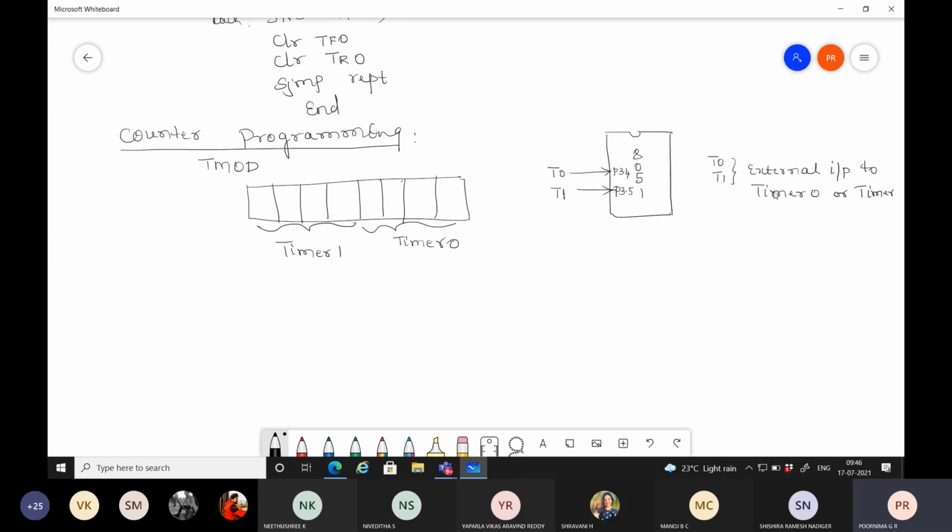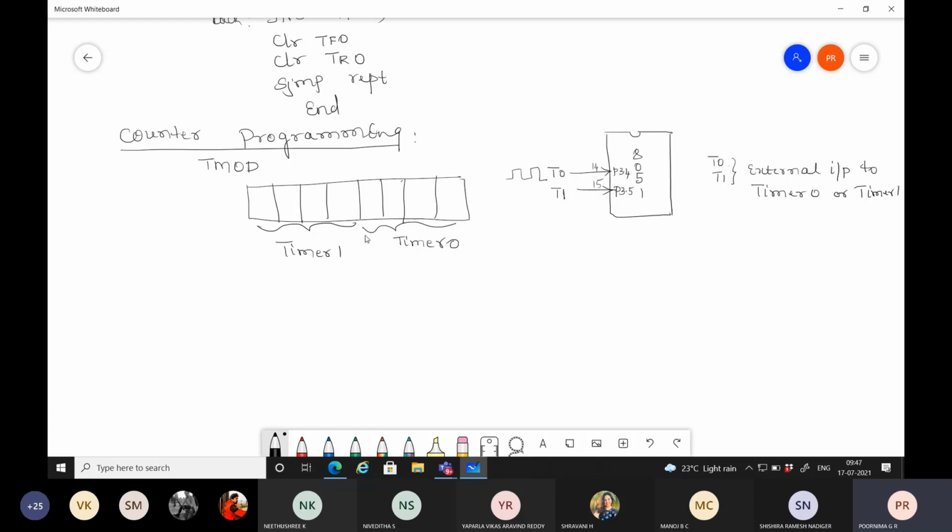Whenever timer 0 or timer 1 is used in counter configuration, the external events happening should be connected to P3.4 or P3.5. These pins you already know, pin number 14 and pin number 15.